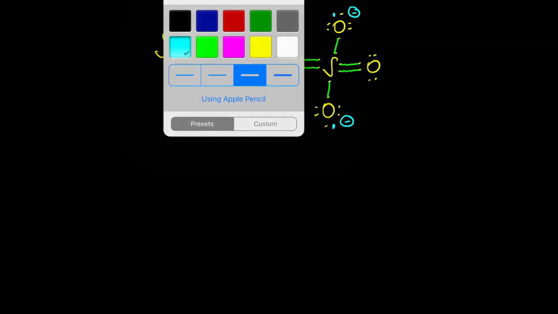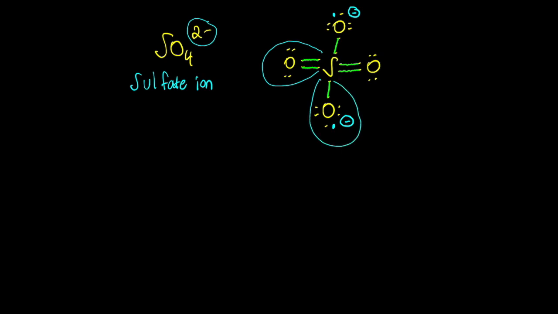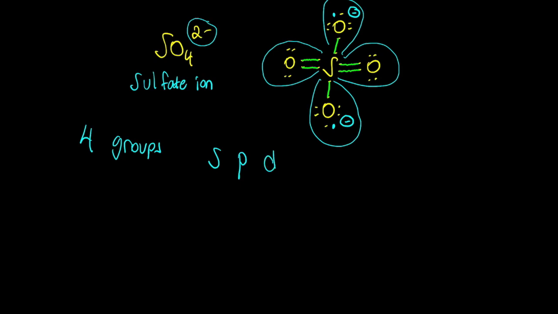Now that we have this crazy looking thing, which is called sulfate, by the way, a sulfate ion, we count total electron groups. Now remember, an electron group can be a double bond, it can be a single bond, okay? So these are basically my orbital lobes, right? 4 groups, and we want to figure out what it is.